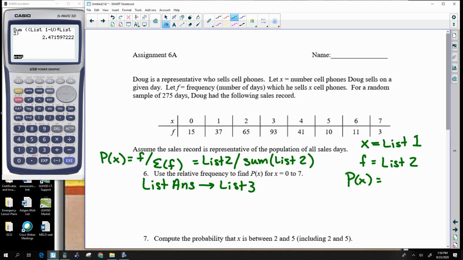So here we go. Onto the calculator. I go to my stat. I clear out anything that is in there. This is all old business, so I make sure I delete it all, even list 3. And so I put my X's into list 1 and my F's into list 2.